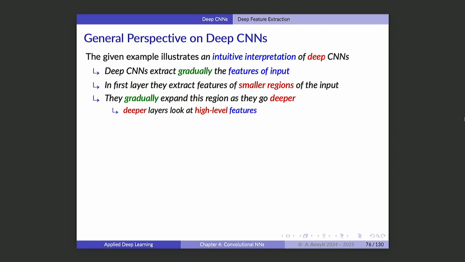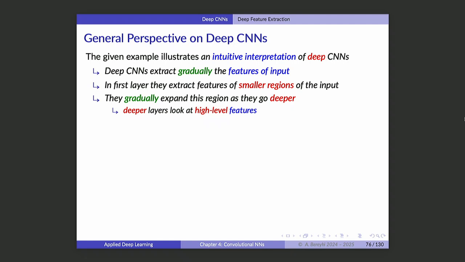And we could argue that the first layers are extracting the low-level features of your input. So it's looking at the corners, what is happening in the corners, what kind of property you see in a tiny receptive field inside your input.